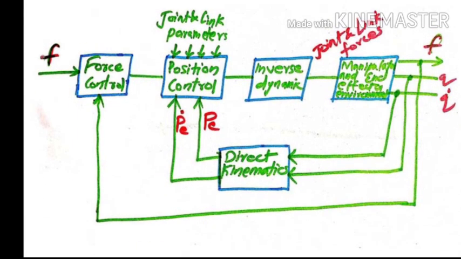From these given joint and link parameters, we can find out the position control, that is the joint parameters, by using direct kinematics.